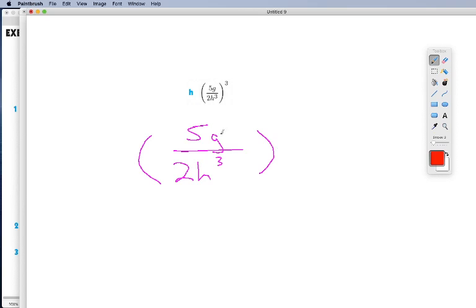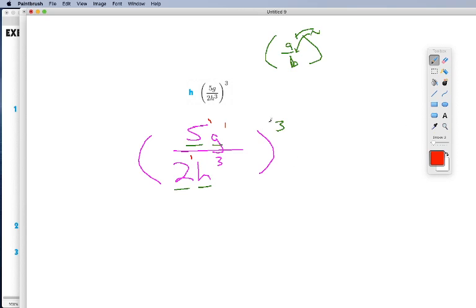I'm going to add my hidden ones here, here, and here. So those are my hidden ones. And all this is to the power of 3. So we have this rule that says if I have a over b to the power of some number, I have to bring in this power into both of them. But look how many I have. I have 1, 2, 3, 4.